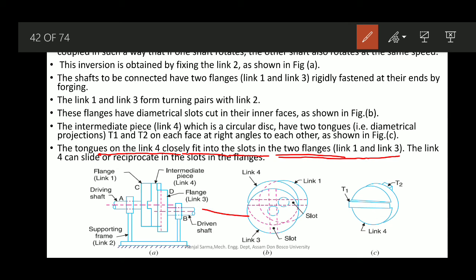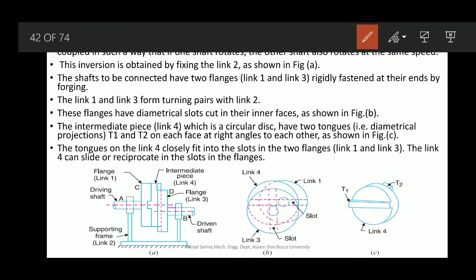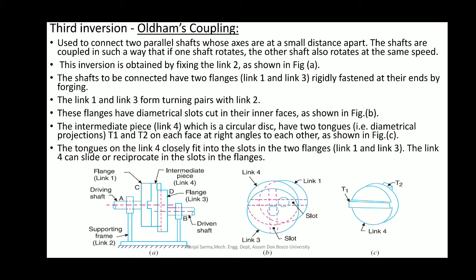So here one flange is this, the intermediate link, and another flange is this. They are connected with this circular disc having outward projections, and on the flange side we have the slots. This intermediate link can slide or reciprocate in the slots in the flanges. It will be very evident once you see the GIF.